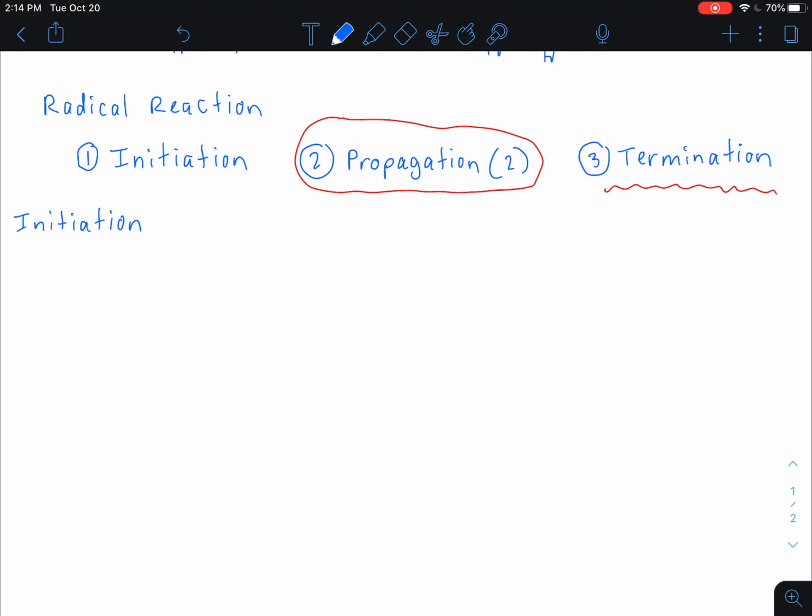And the initiation step just means that, in this case, for example, we're going to homolytically break our Cl-Cl bond. I don't know if I said this term, but these arrows, these single-headed arrows, we call them fish hook arrows.